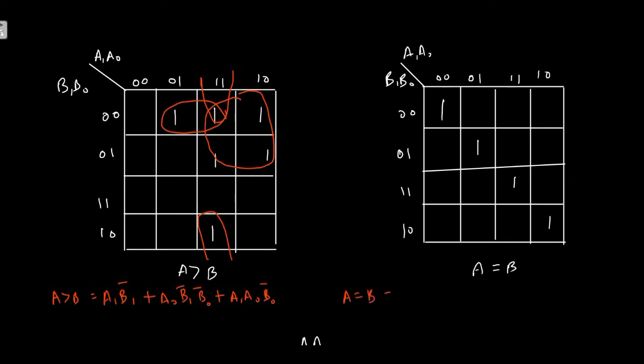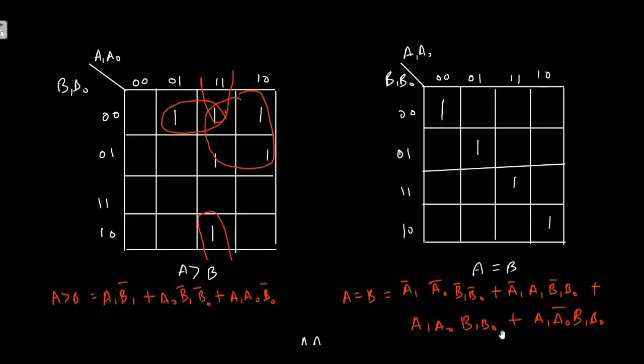For A equal to B, we can write A1 bar A0 bar B1 bar B0 bar plus A1 bar A0 B1 bar B0 plus A1 A0 B1 B0 plus A1 A0 bar B1 B0 bar.